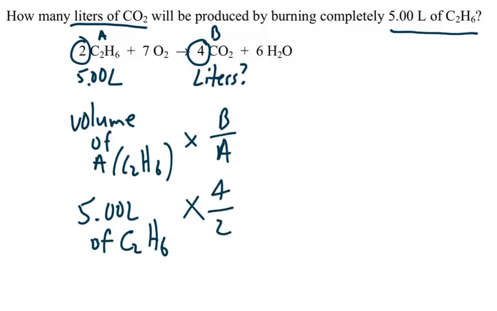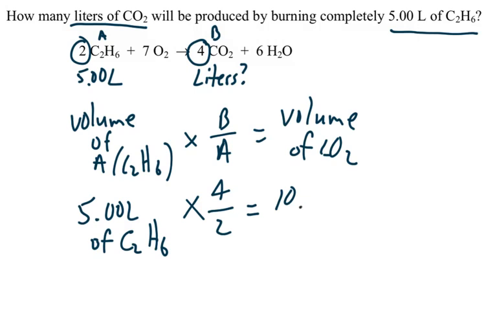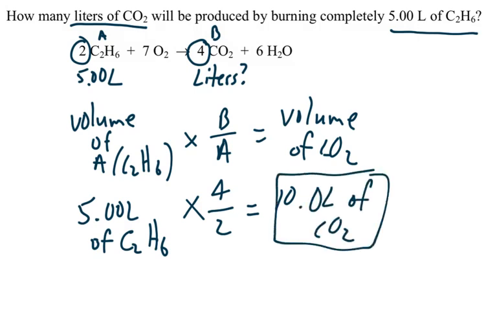We can reduce that. 4 over 2 reduces to 2 over 1, or just 2. You're basically just multiplying by 2. When you do the math, you end up getting the answer, which will be the volume of the unknown, in this case CO2. That's going to give us 10 liters of CO2, and I rounded it to 3 significant digits based on the question.